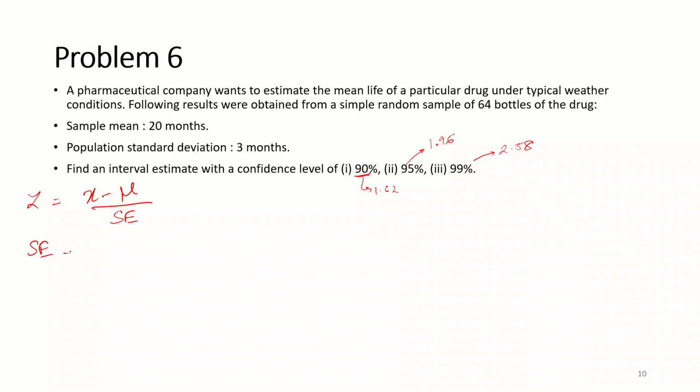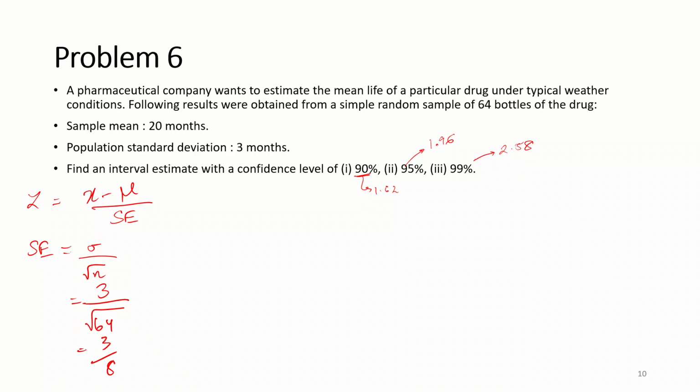The standard error we can find out by, the standard error formula is sigma by root n. So 3 months divided by root 64.